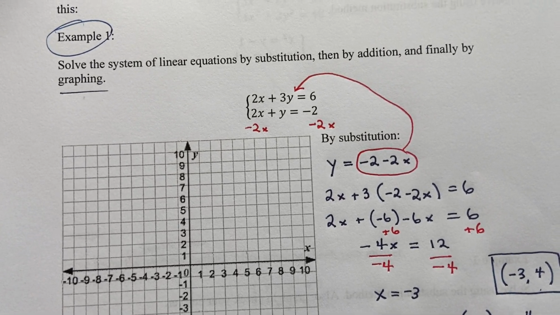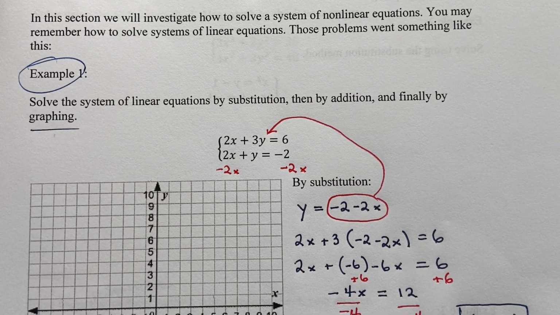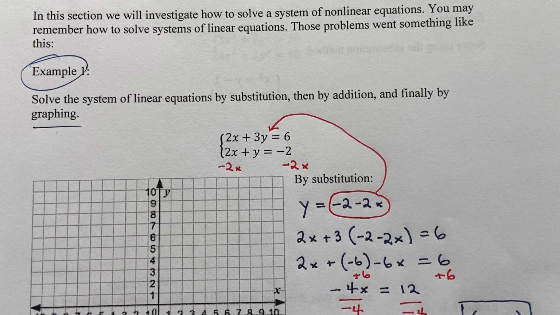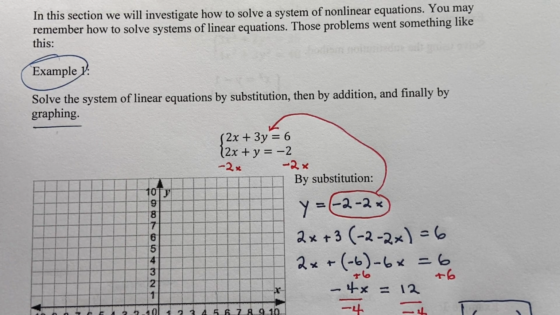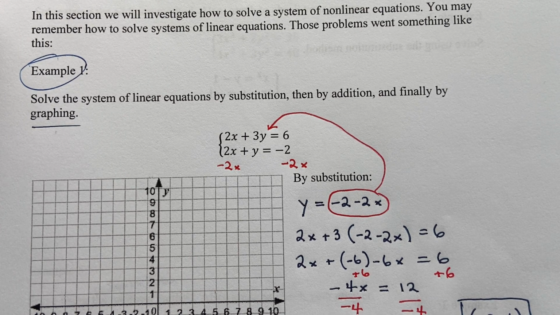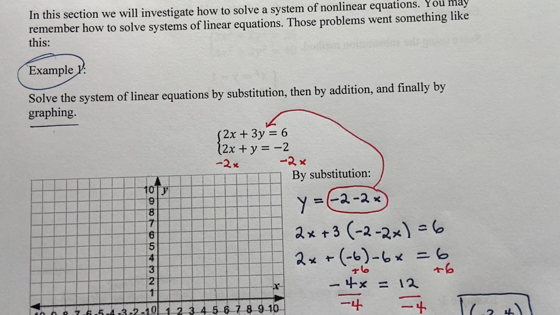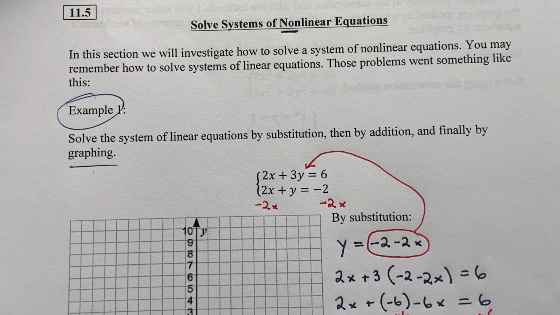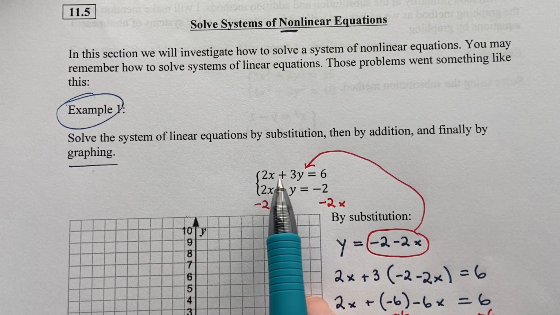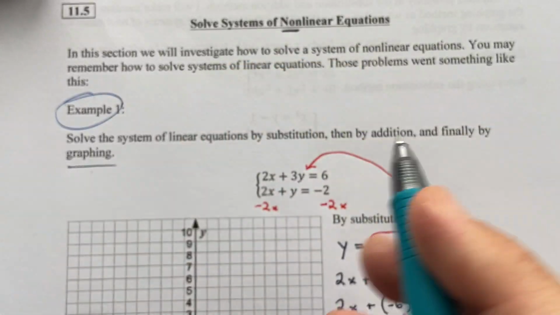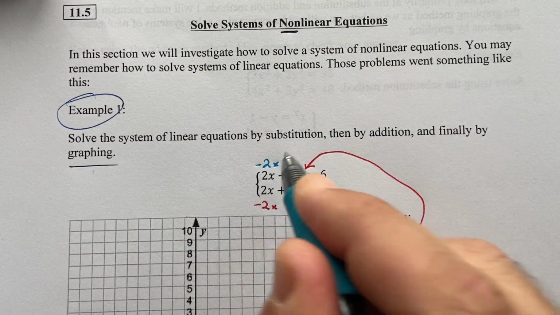And then what I was asking us to do is to then solve this system a third way, and to do that by graphing. So let's see that. Maybe I'll do that in a different color. So that first equation here, if I get this into slope-intercept form, I could subtract this 2x.